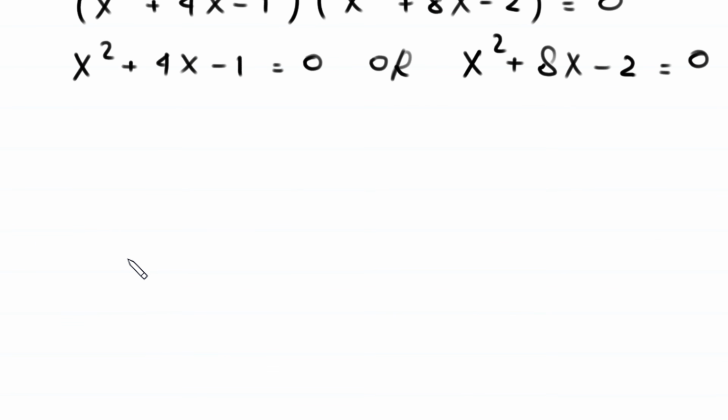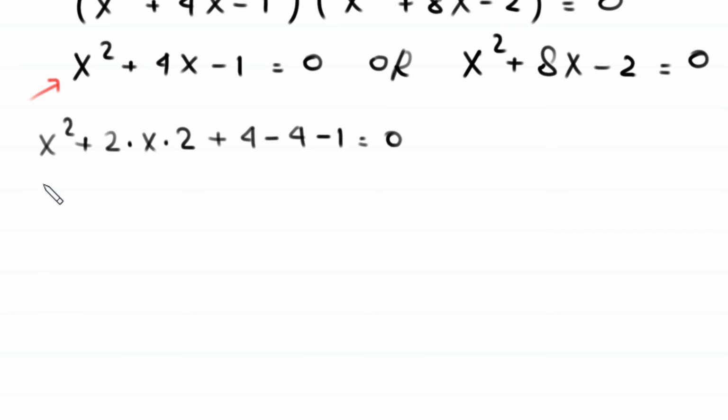Now we have two quadratic equations. First we solve this one. This is not factorable, so we solve it by the completing the square method. We can rewrite this equation: x squared plus 4x is the same as 2 times x times 2. To complete the square, we add 2 squared, which is 4. We also subtract 4. This negative 1 remains the same, equal to 0.